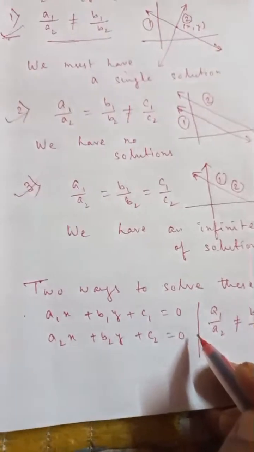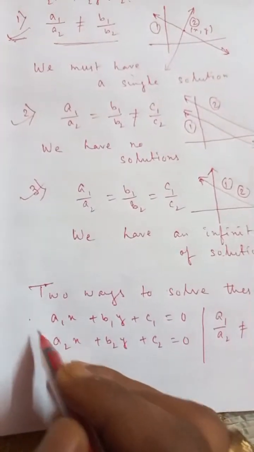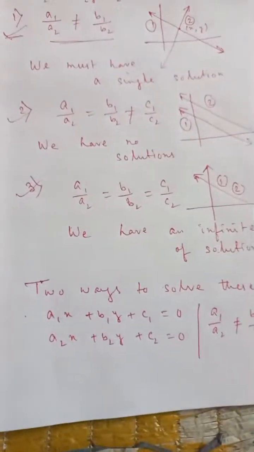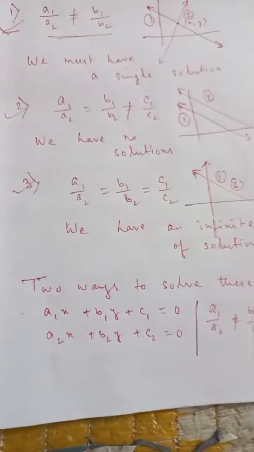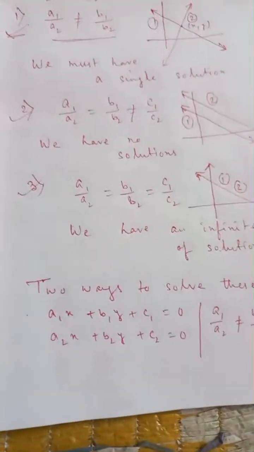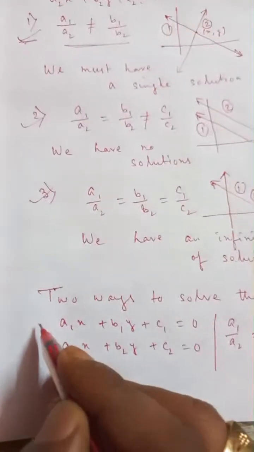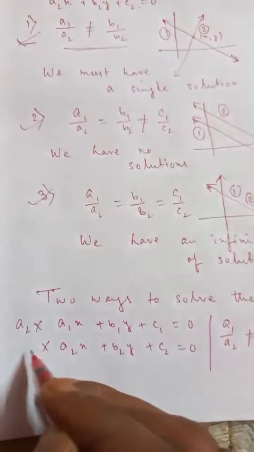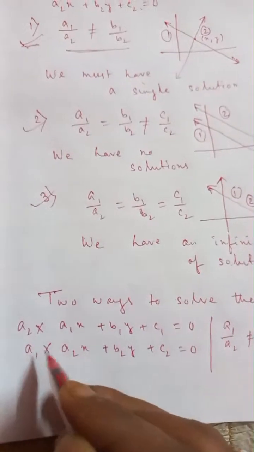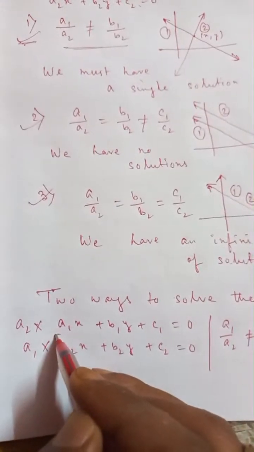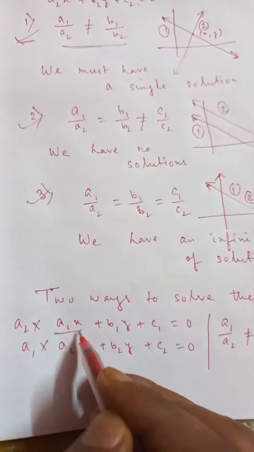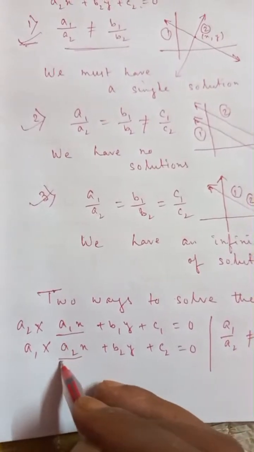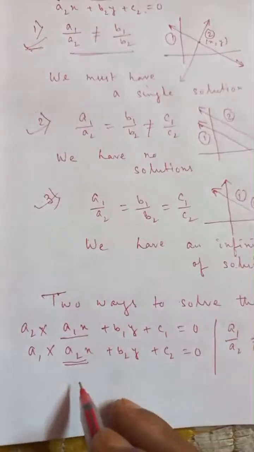Then we have to cancel one variable to find the other one. So we will multiply the first equation with a2 and the second with a1, so that after subtraction the first term cancels.